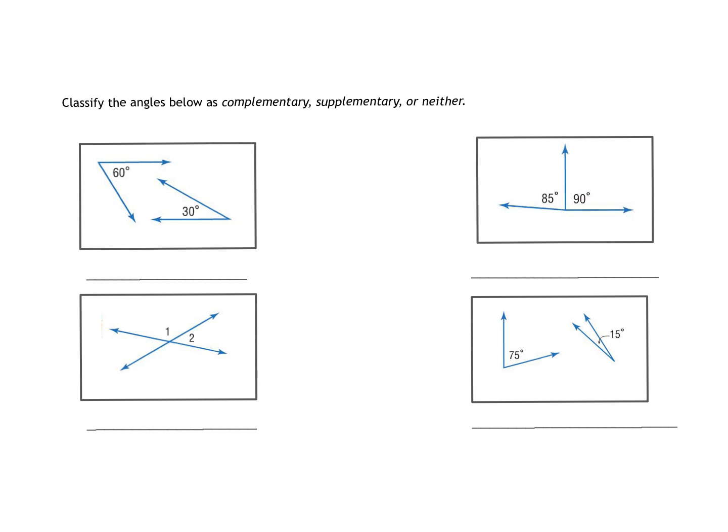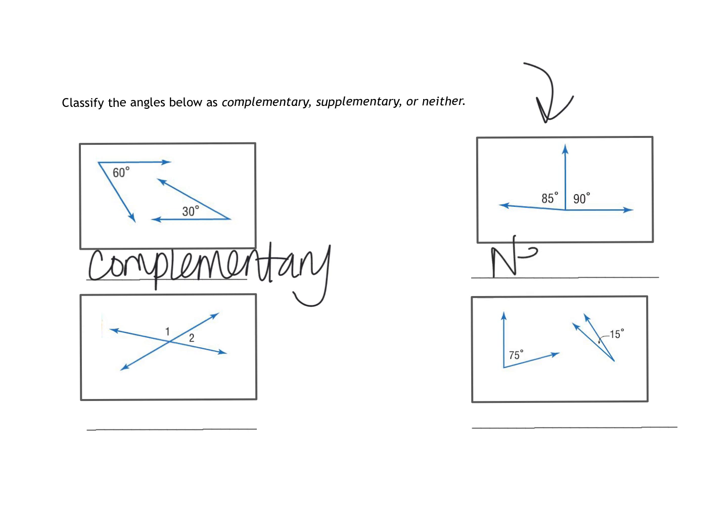So for this one, 60 plus 30 equals 90, so that's going to be complementary. This one here, 85 plus 90 is 175, so that's not 90 or 180, so that is neither.